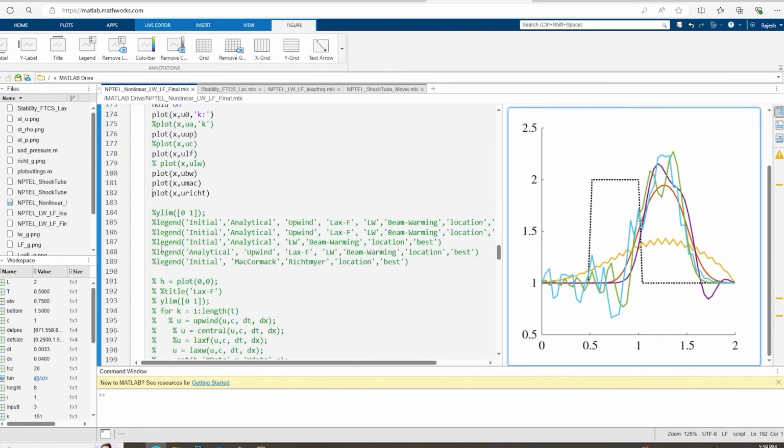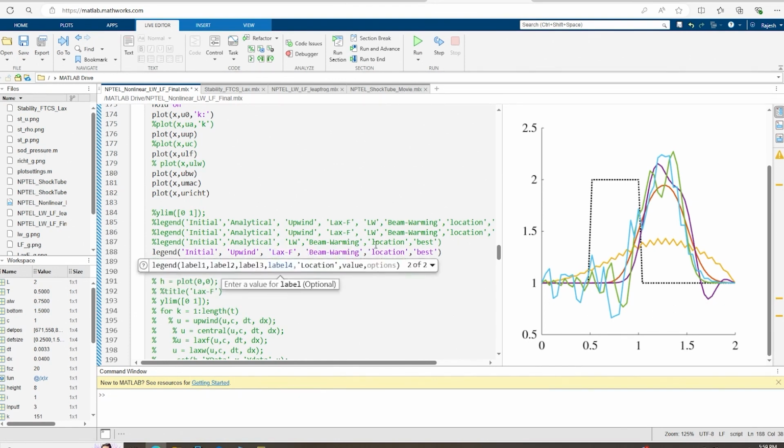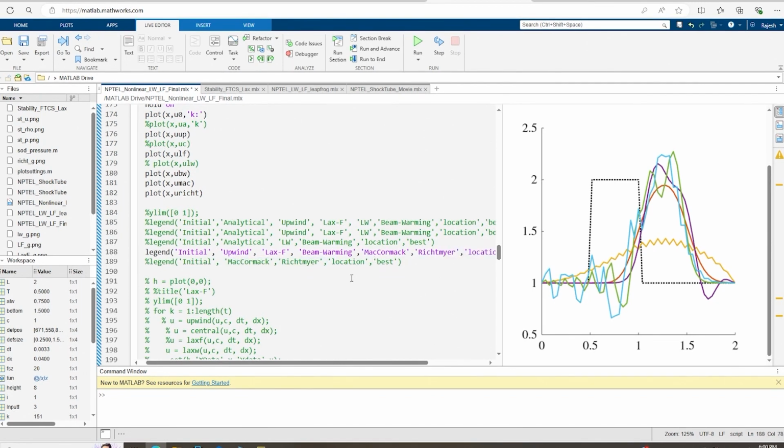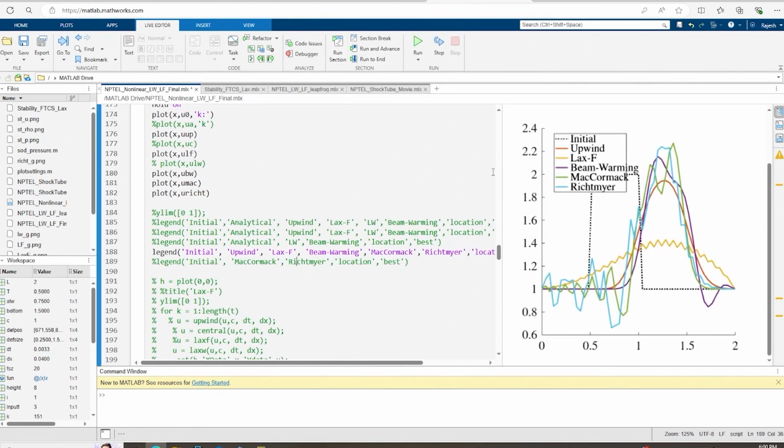This is the initial condition, then upwind, then Lax-Friedrichs, then Beam-Warming, and then you have McCormack and Richtmyer. All these schemes I have implemented. We already saw the implementation yesterday. So, let's run this section.